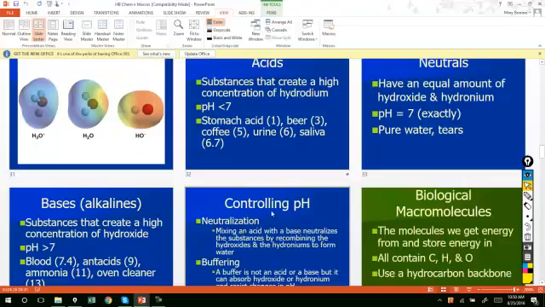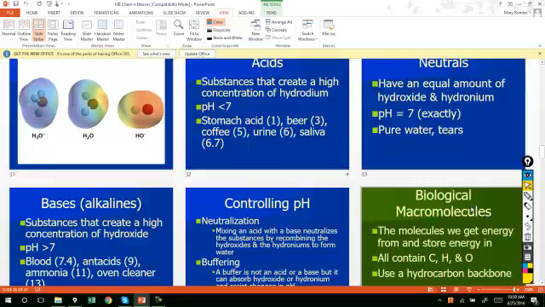So acids tend to have low pHs, high concentrations of hydronium. Things like stomach acid, beer, coffee, urine, saliva even falls in this category, although some people would say that it's more neutral. I'm going to save neutral for very specific things because saliva, if it's 6.7, is technically an acid.